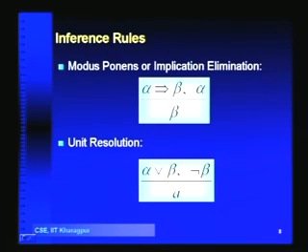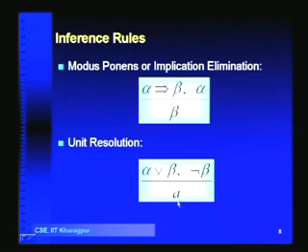So, if we have alpha implies beta and we also have alpha, then we can deduce beta from that, right. So, alpha implies beta is a rule and alpha is a fact that is given to us, then we can deduce beta. Unit resolution rule is, if you have alpha or beta and you are given not beta, then you can deduce alpha.